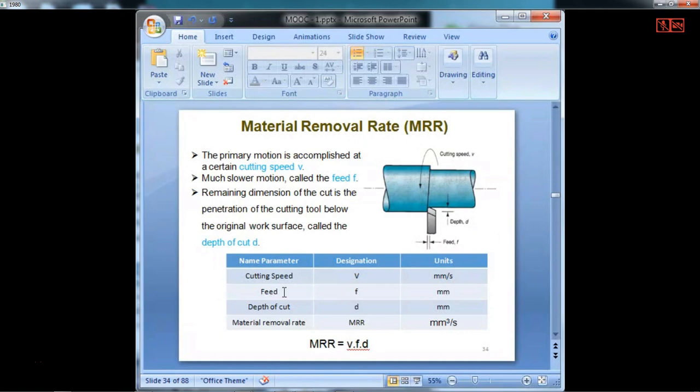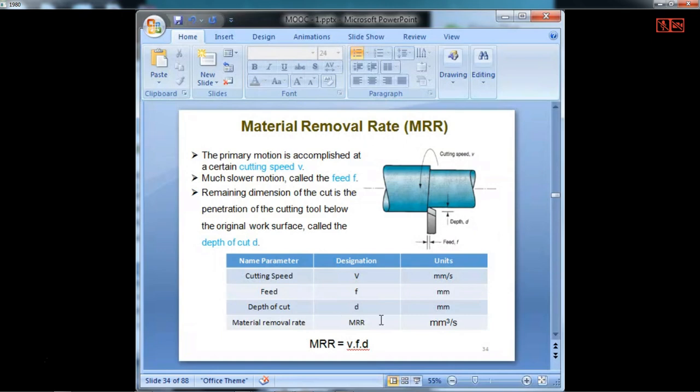So if you are telling it with reference to time, it will be called the feed rate. Then depth of cut, generally in millimeters. In rough turning, you can have 1.5 or 2 millimeters depth of cut, but for a fine finish it will be less than 1 millimeter, like 0.5 millimeters or 500 micrometers.